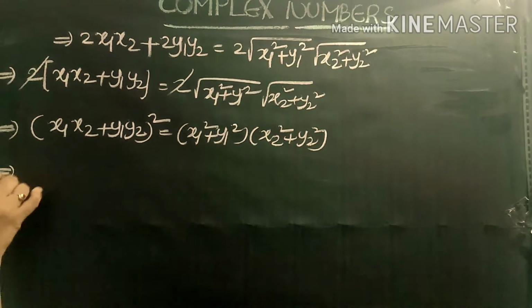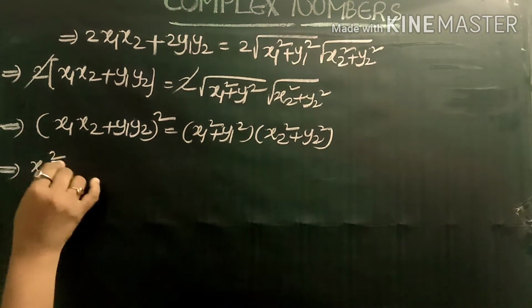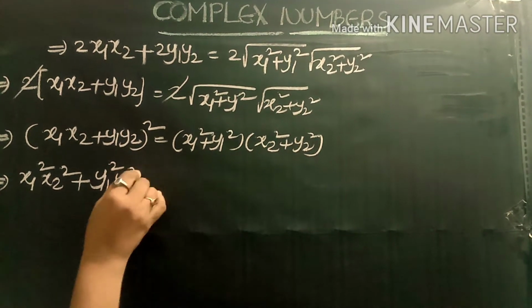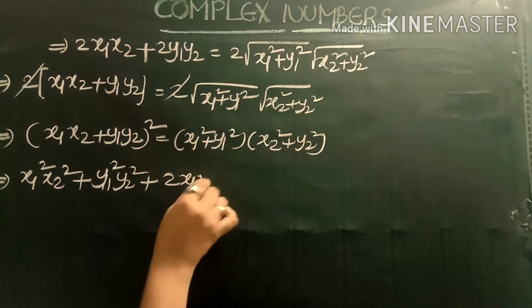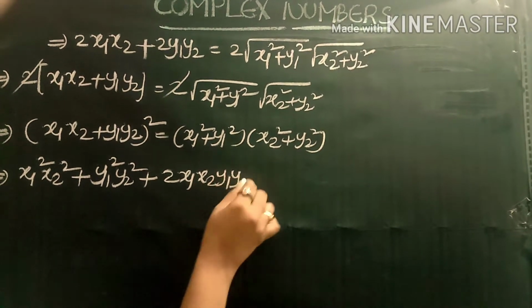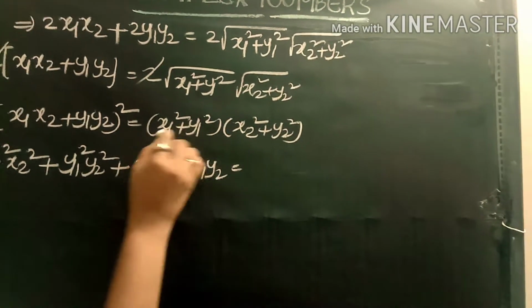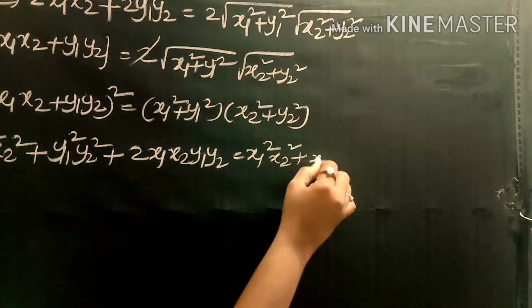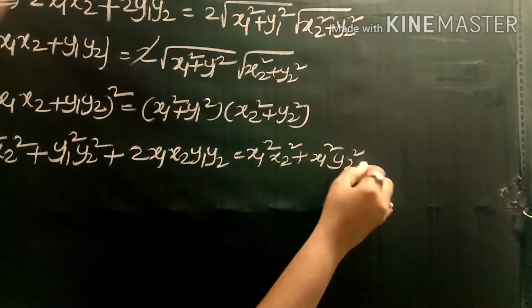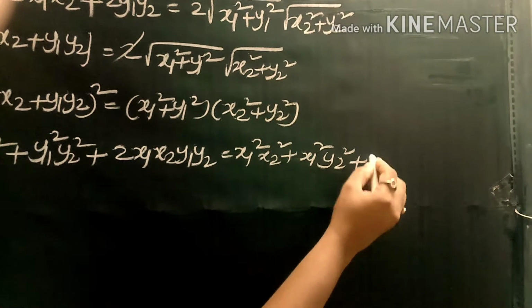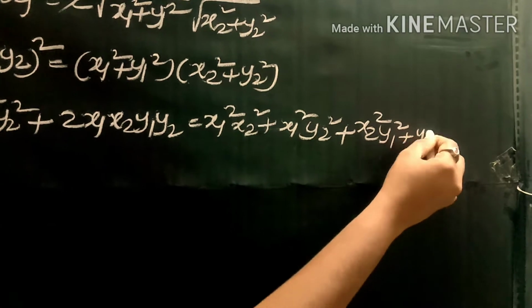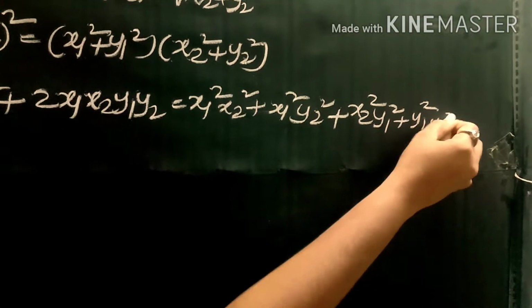Now taking the expansion here, a square x1 square x2 square plus b square y1 square y2 square plus 2ab, 2x1x2y1y2, is equal to, now taking the product, x1 square x2 square plus x1 square y2 square plus x2 square y1 square plus y1 square y2 square.